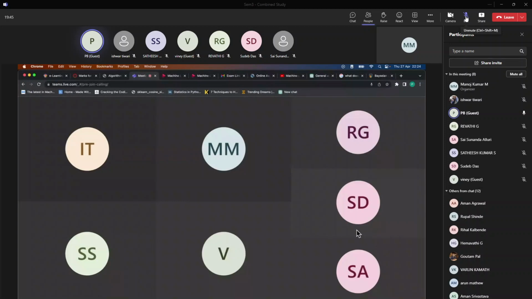Every book has these references in the back, right? Where they give which topic is taken from which publisher and which author. So you can read those research papers. This will be very helpful.